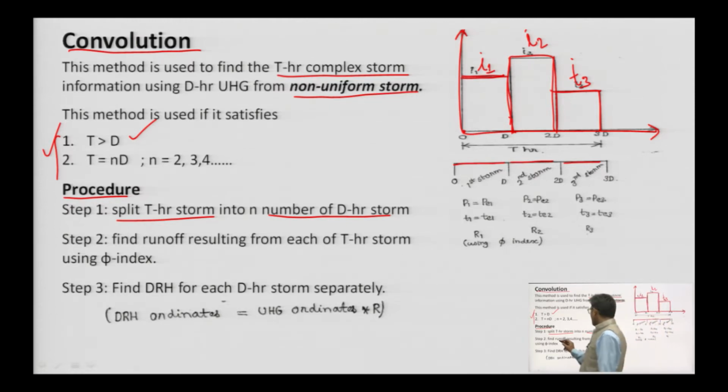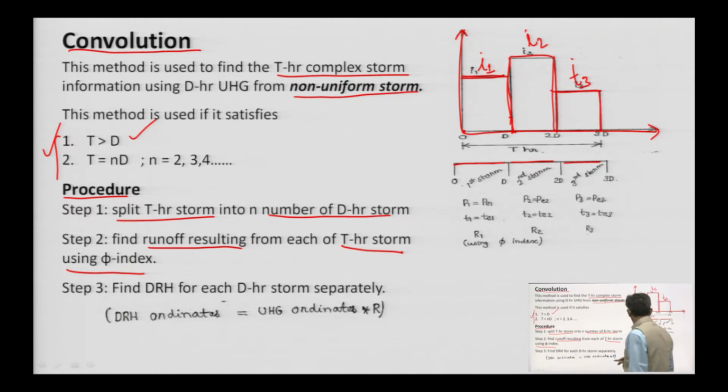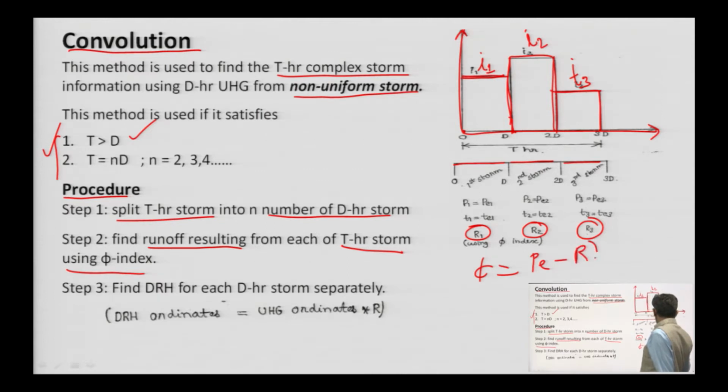Second step, find the runoff resulting from each DR storm using the phi index. R1, R2, R3, that runoff we need to calculate using the phi index. Phi is equal to (PE minus R) divided by TE. This is the phi index.